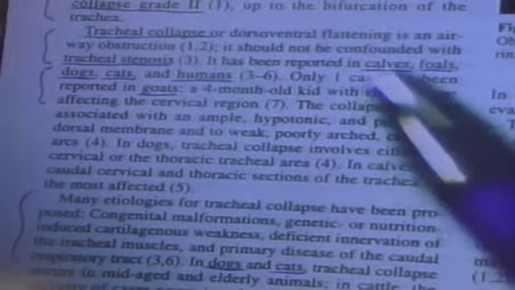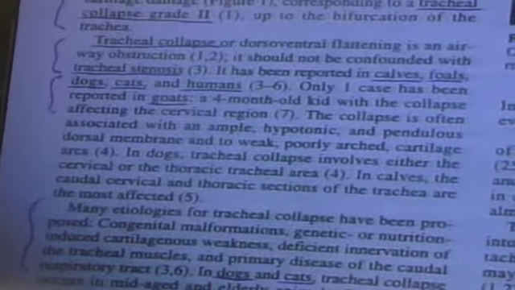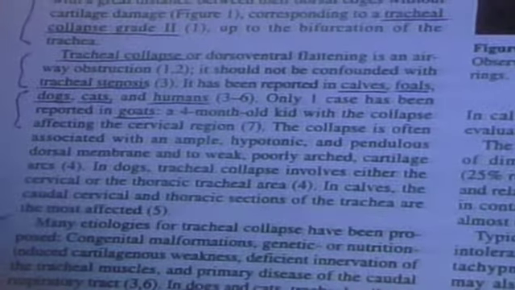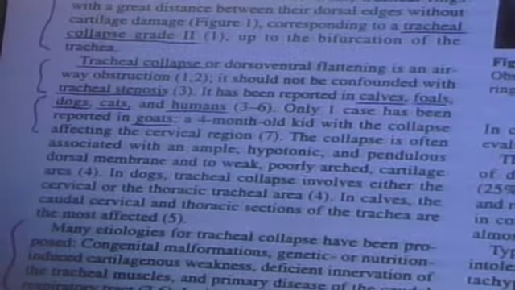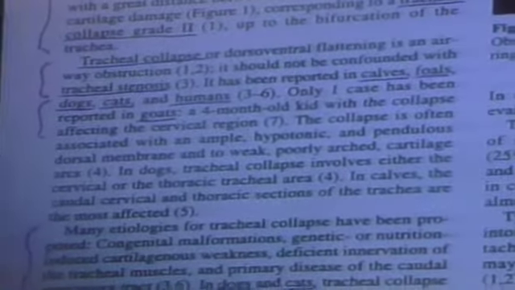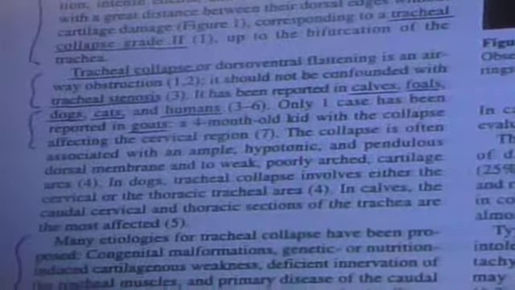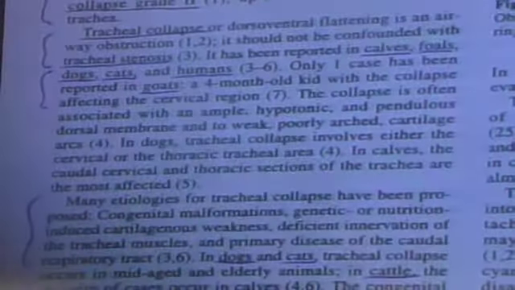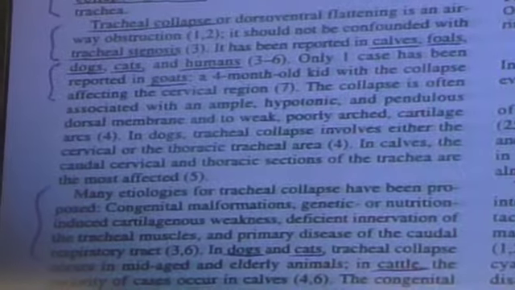So you'll notice calves, since we're discussing respiratory disease in ruminants, but also foals, as well as dogs and cats and humans. And then this was a case of a goat. So for your large animal species, it would be calves, foals, and goats. Your small animal species would be dogs and cats, and then of course humans.